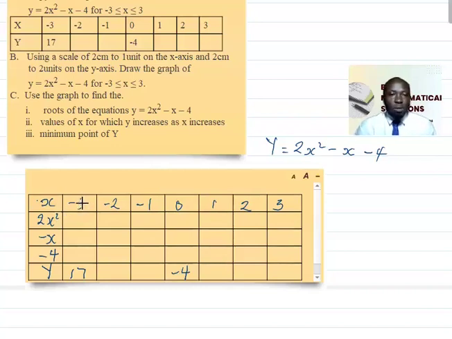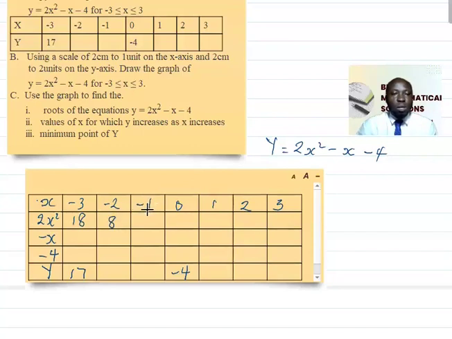When our x is minus 3, that is minus 3 raised to power 2, that's 9 multiplied by 2, so we have 18 here. When x is minus 2, that is minus 2 raised to power 2, that's 4 multiplied by 2, that's 8.